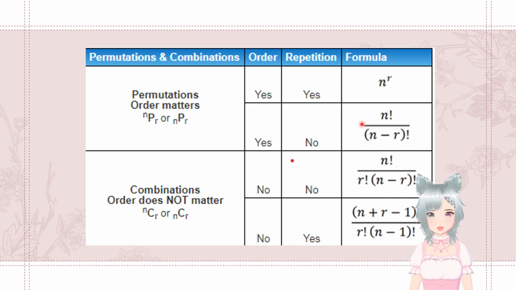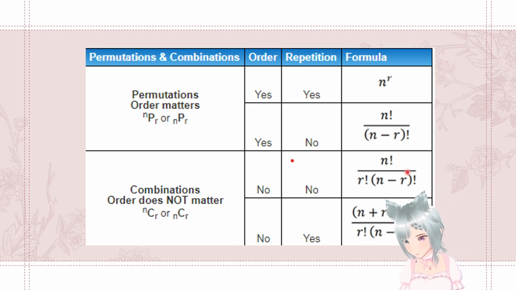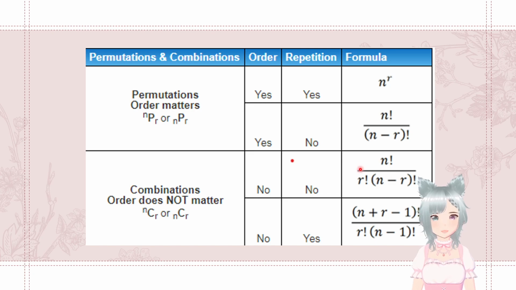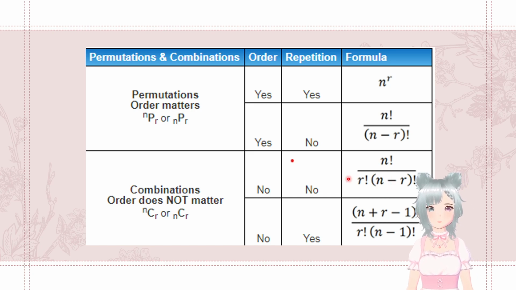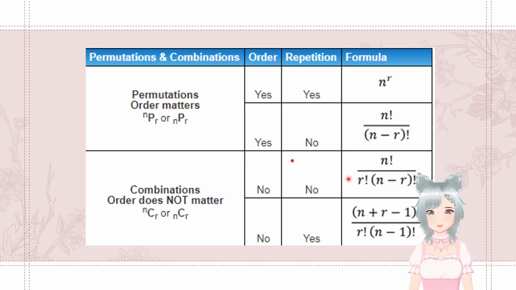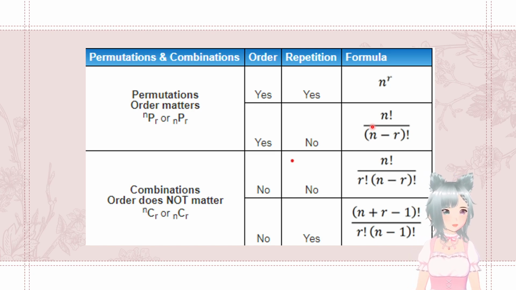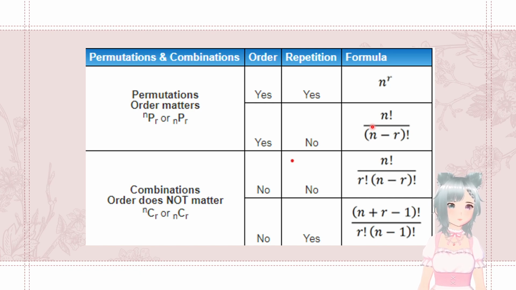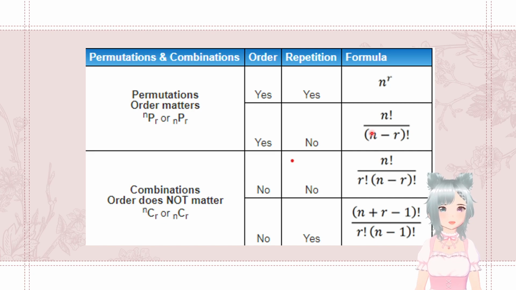And this is why there are fewer ways to pick a number of items from a big pool when we don't look at the order than when we do, because we can just swap out the first and the second place or the first and the third place, and we have a whole different combination when we look at the order. But if you don't look at the order, the set stays the same.